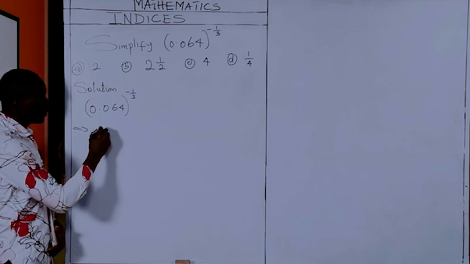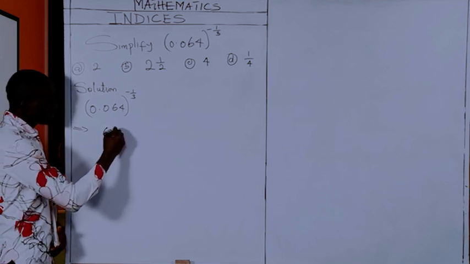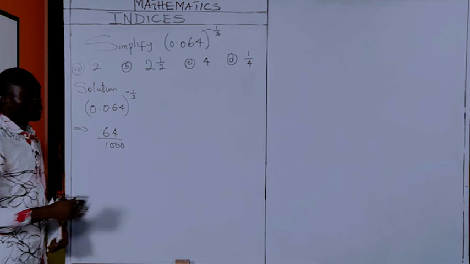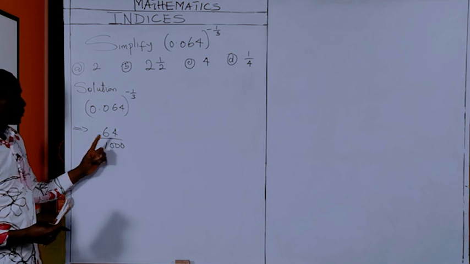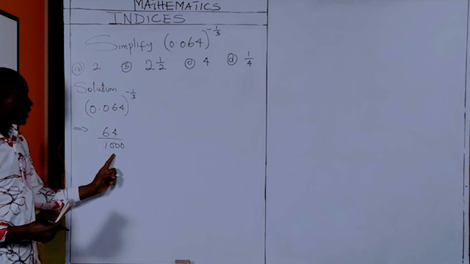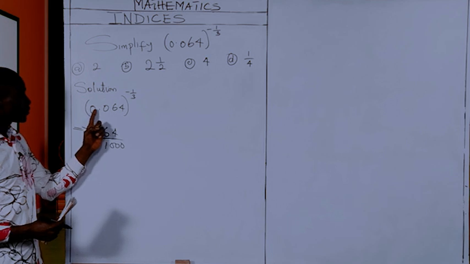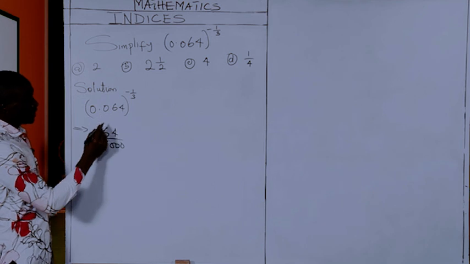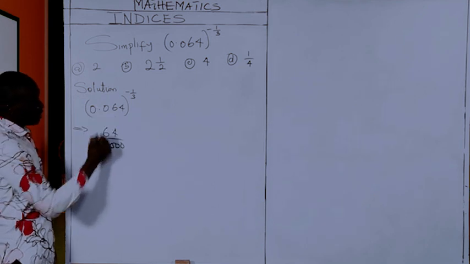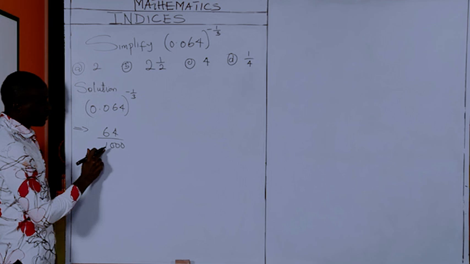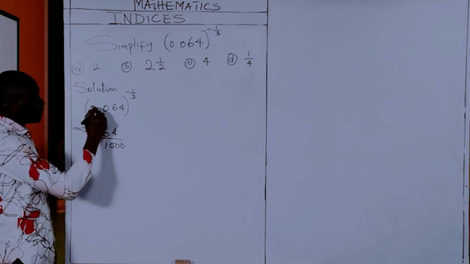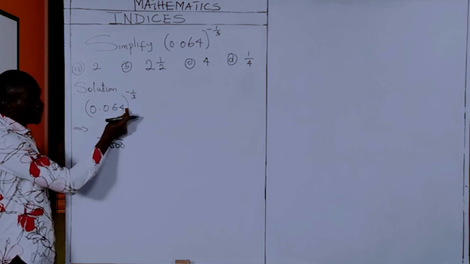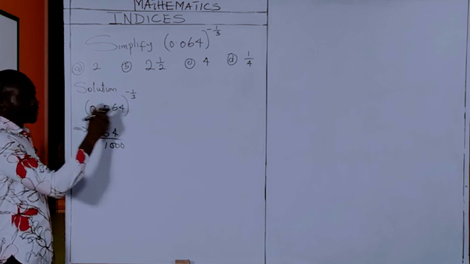This 0.064 will give us 64 over 1000 when we change it to a fraction. 64 over 1000 is equivalent to 0.064. Or you can just say this is divided by 1, and we shift this decimal point to make 64 a whole number.